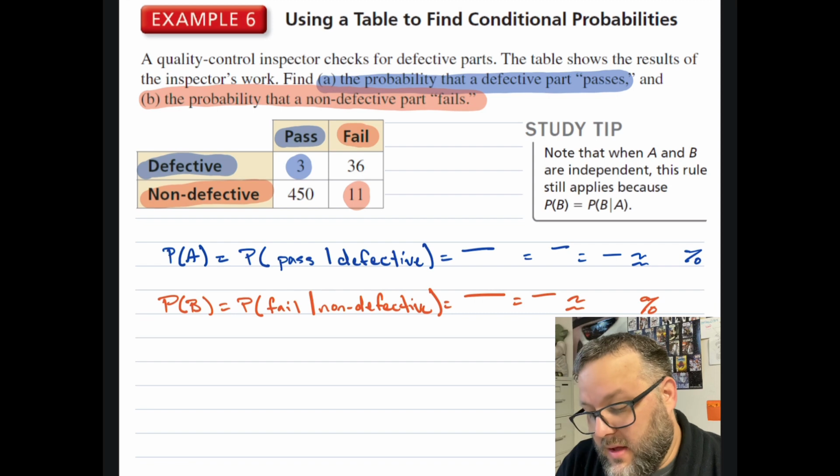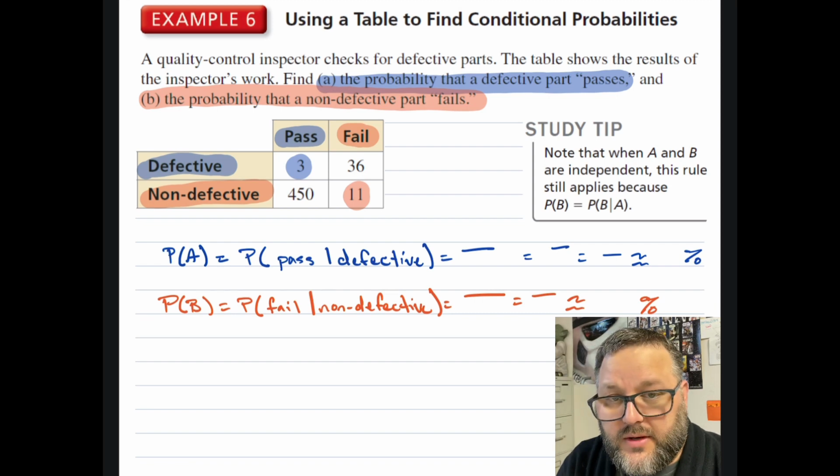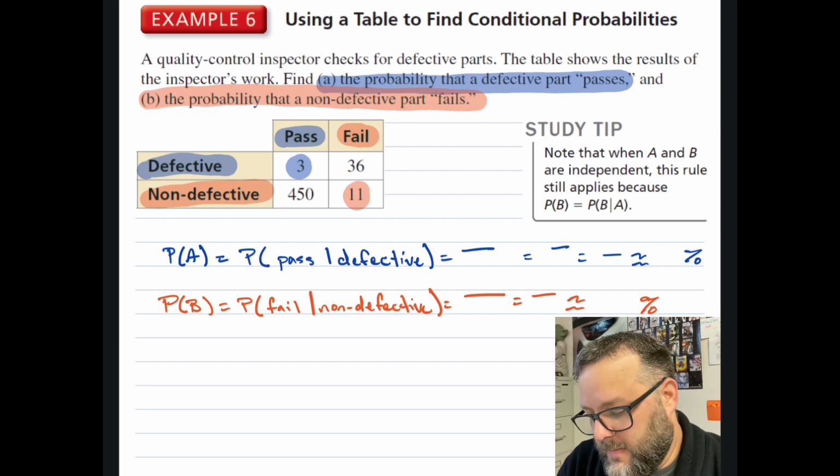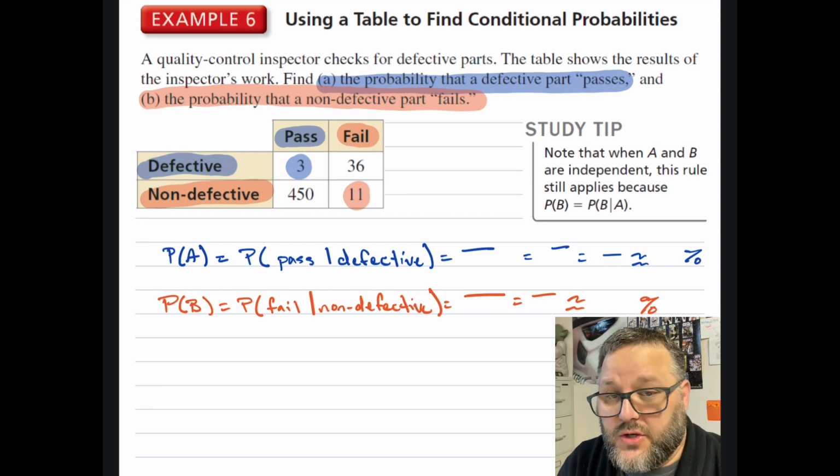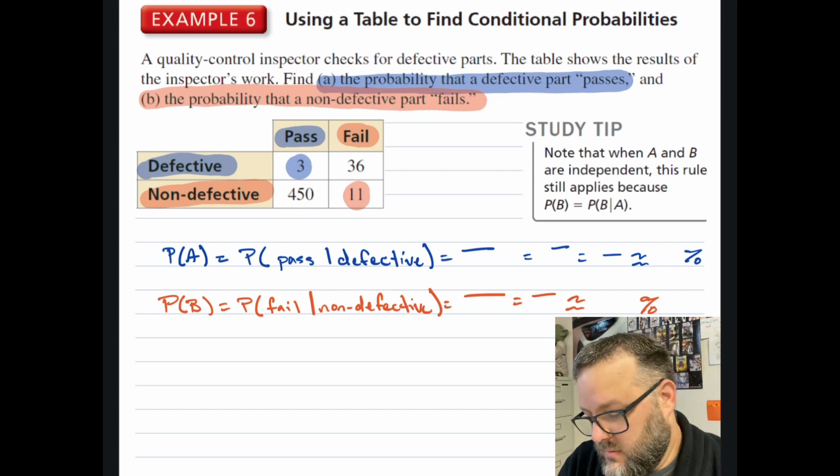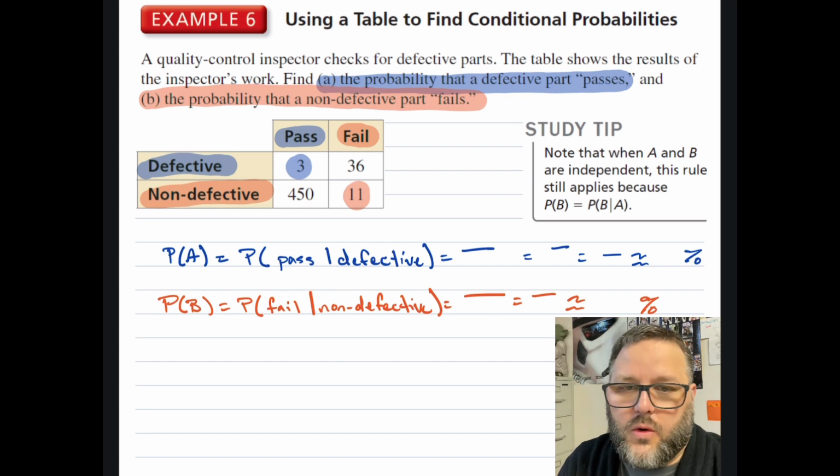So anyway, lots of weird ways to read through this table, but essentially all this means is there are some items that don't work that will be shipped, and there are some items that do work that won't be shipped.